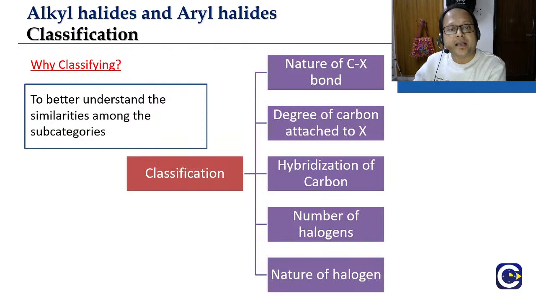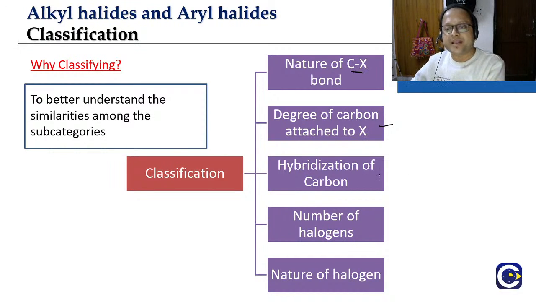Acha. And what are the various classifications into which we generally divide these groups? First, we talk about the nature of the C-X bond, right? Then, of course, the degree of the carbon attached, that is primary, secondary, tertiary, right? Hybridization: carbon can have only 3 hybridizations.